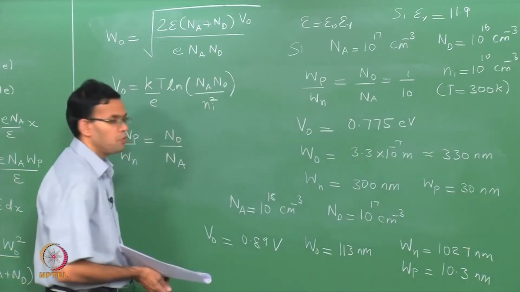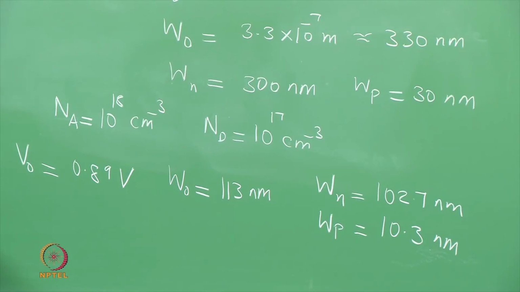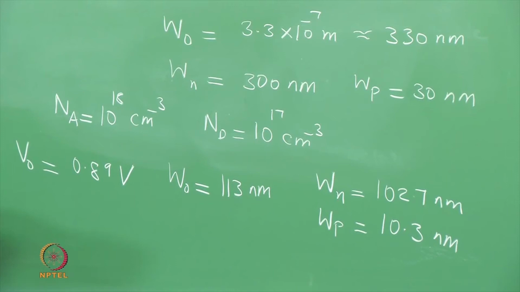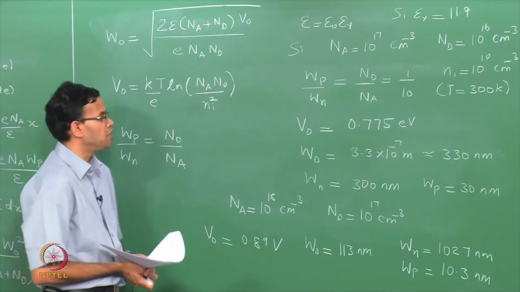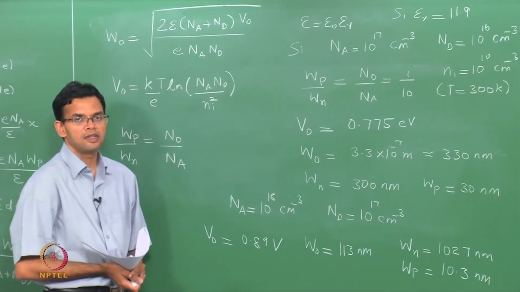So, we can reduce the width of the depletion region by increasing the carrier concentration on the P and the N side. So, this is the p-n junction as far as silicon is concerned.